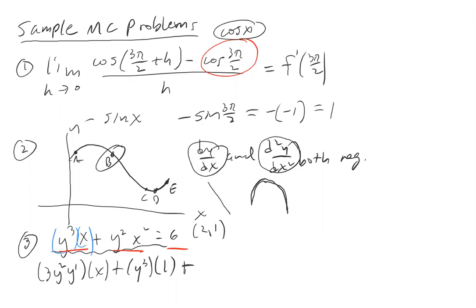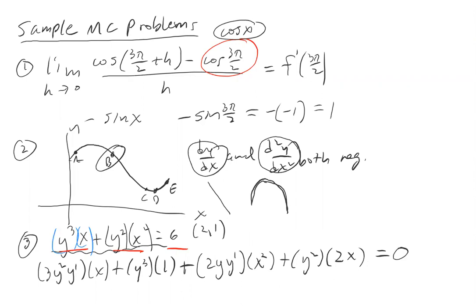Plus, now we have another product, so you use the product rule again. Derivative of the first, 2y times y prime, times x squared. Plus, leave the first one alone, derivative of the second, x squared, which is 2x. Equals, and of course the derivative of 6 is 0.